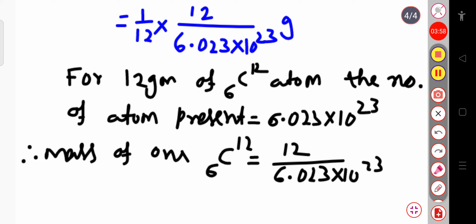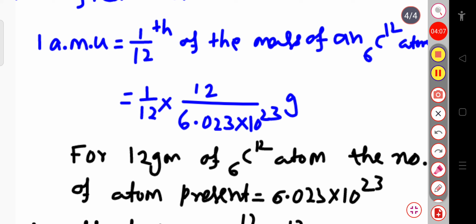So that's why we have written here: 1 AMU, 1 atomic mass unit, is equal to 1/12 of the mass of the carbon atom. So this is 1/12 into, for 1 carbon atom, the mass equal to 12 divided by 6.023 into 10 power 23.